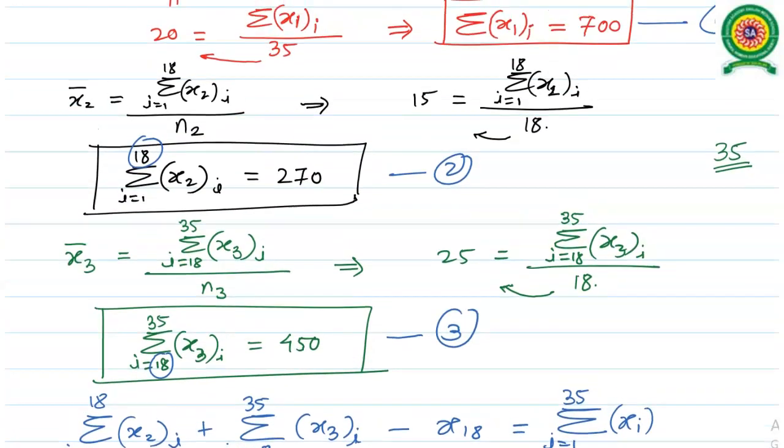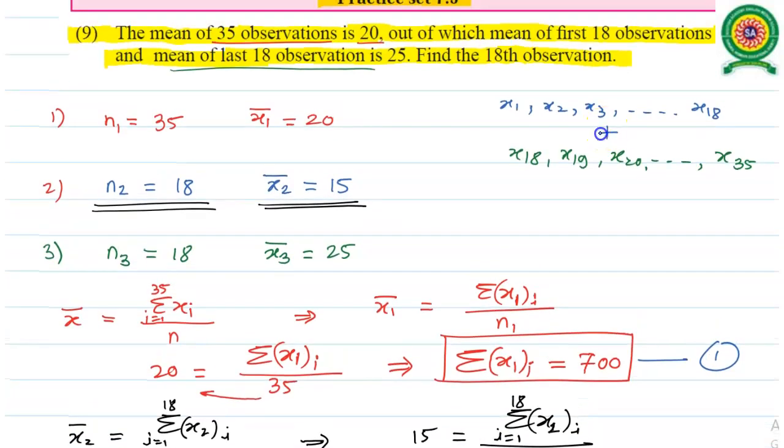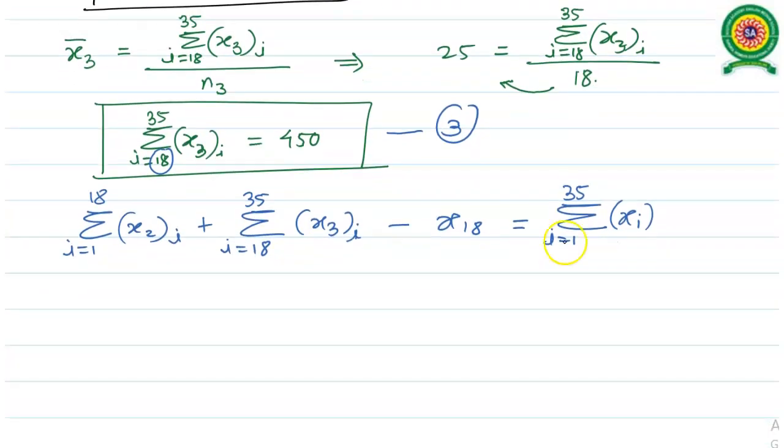Look here, I already wrote the observations. Once we add up those two cases, the sum of the first 18 and the sum of the last 18, 18 is repeated twice. We require the 18 once only, we can't have it twice. So let's subtract one of the x18 from the sum of all observations, from 1 to 35, that is x1 plus x2 plus x3 and so on up to plus x35.